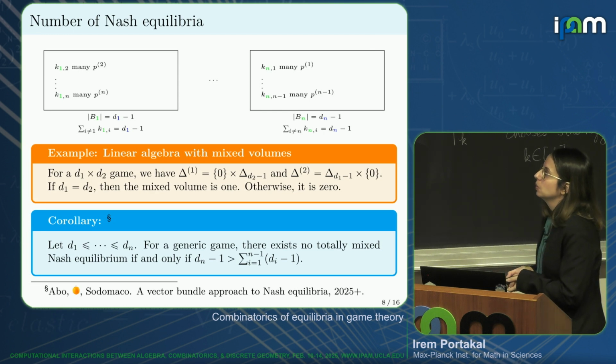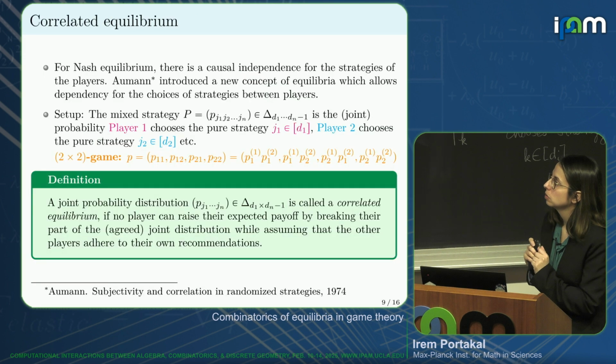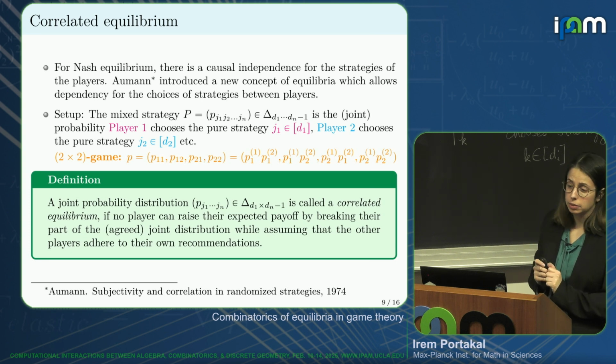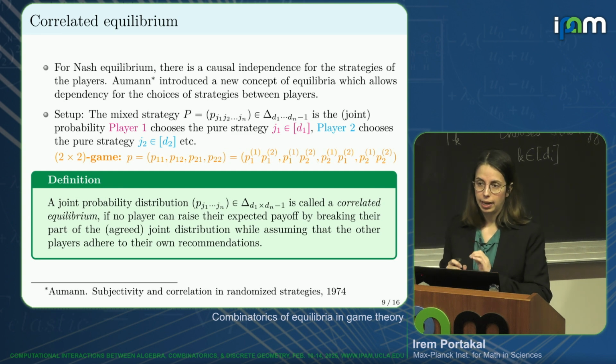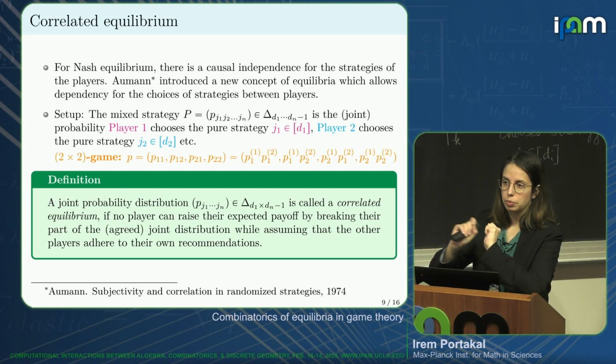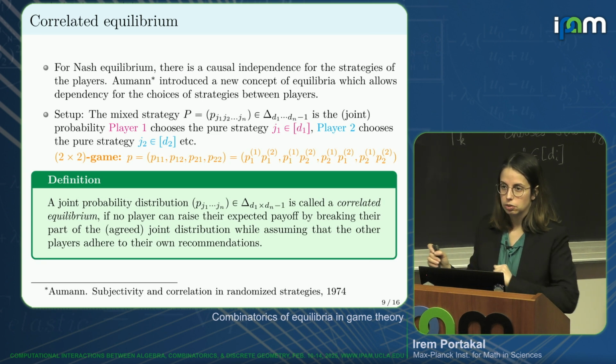Okay, so this is more algebraic maybe, and here is another combinatorial object, which is called correlated equilibrium. We already saw in the definition of Nash equilibria that we have some kind of non-communication with the other players. We do not have any dependence on the other players.